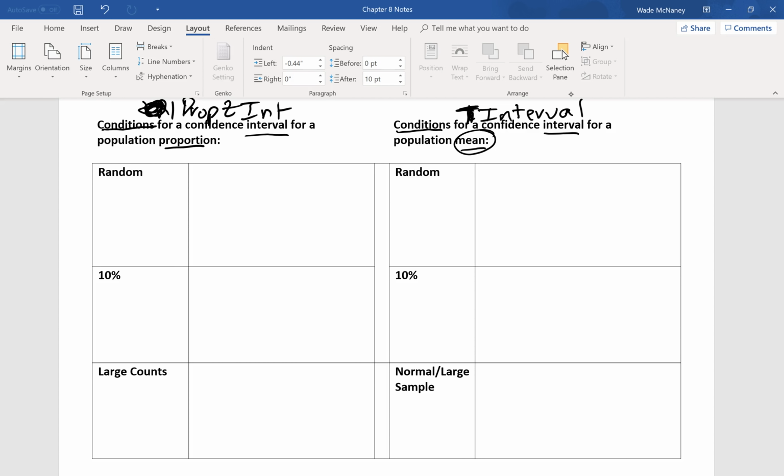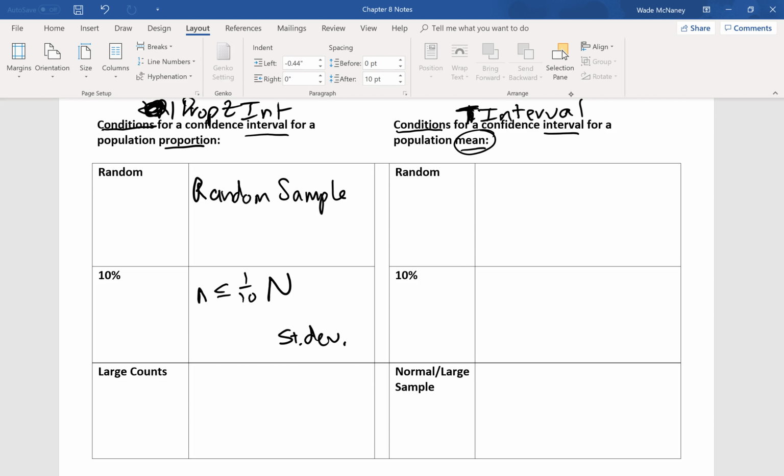The conditions, as we talked about in chapter 7: the sample must be taken randomly. The 10% condition still must be satisfied. My sample must be less than 10% of my population. And again, what this 10% condition does is validate the standard deviation.